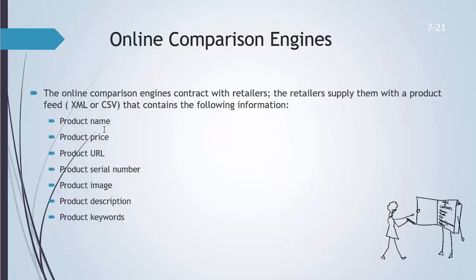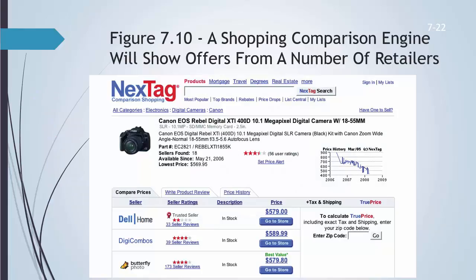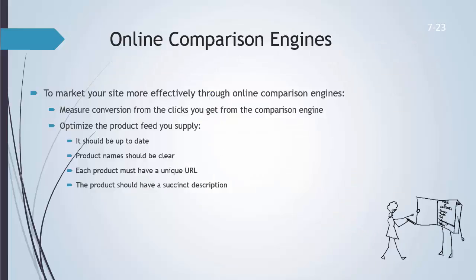So here's an example of a camera that's being compared, and you can see how different information comes up. You want your stuff to be compared. People can click on that and come to a different landing site. So when you use the comparison engines, you're going to need to have some way of telling where they came from.